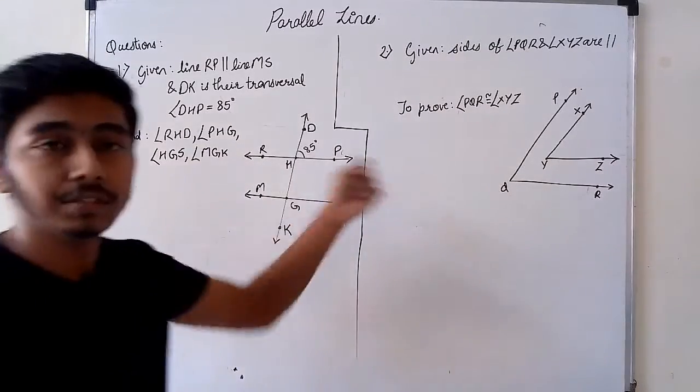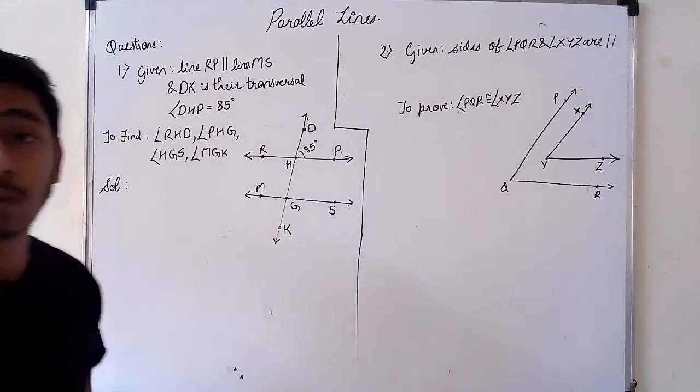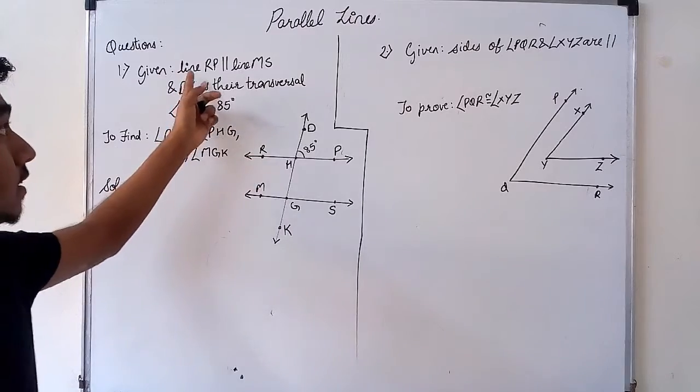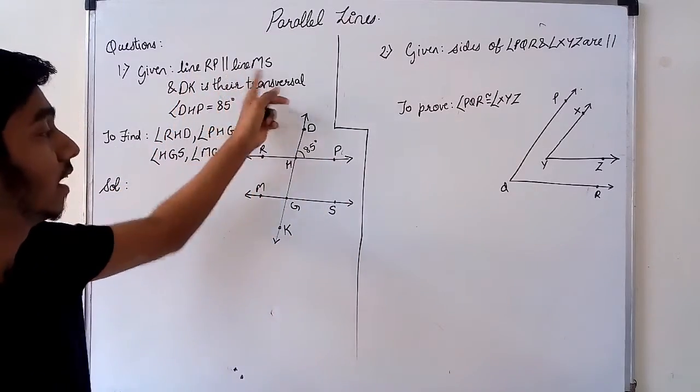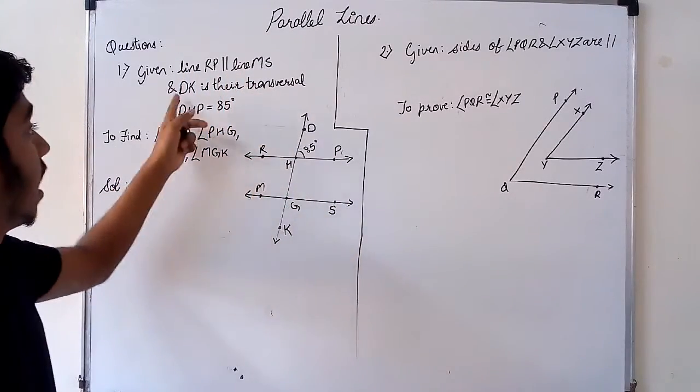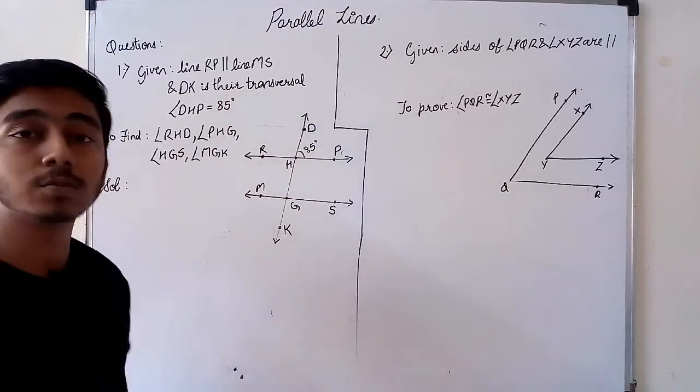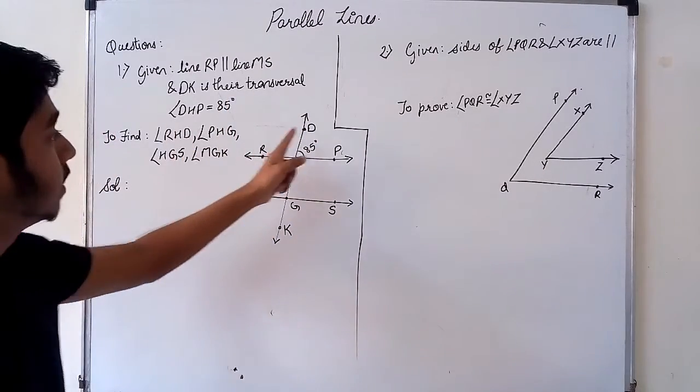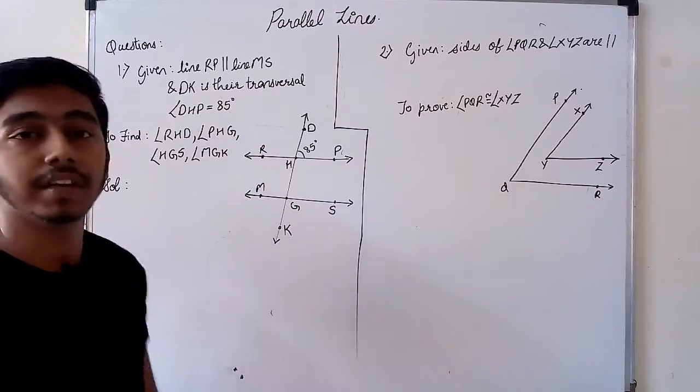So here are some questions. Let's see the first question now. It says that line RP and line MS are parallel and DK is the transversal. Then DHP is 85 degree.